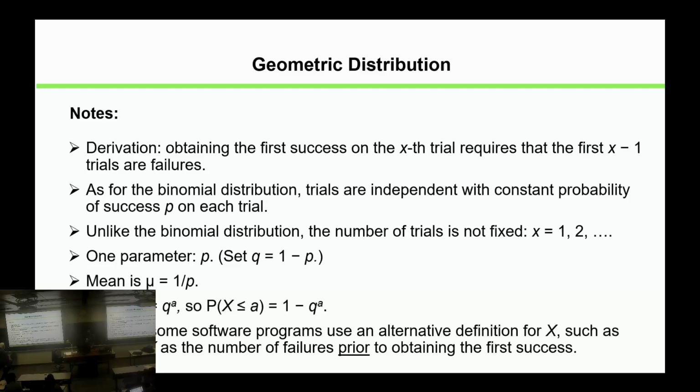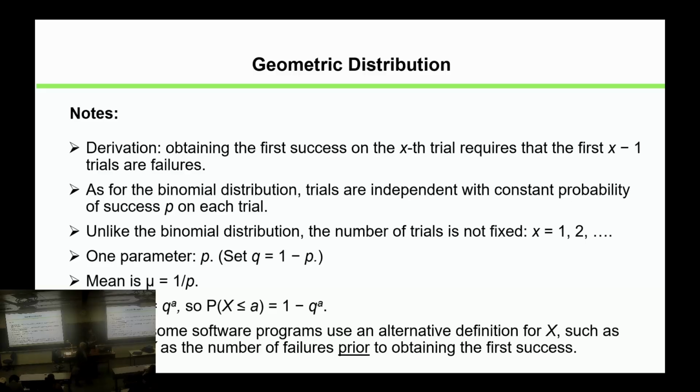Okay, quick hand vote. So I put a caution here. Some software programs use an alternative definition for x, such as defining x as the number of failures prior to obtaining the first success. In fact, that is the definition that worked best for our Eevee example, and R uses that definition of x.